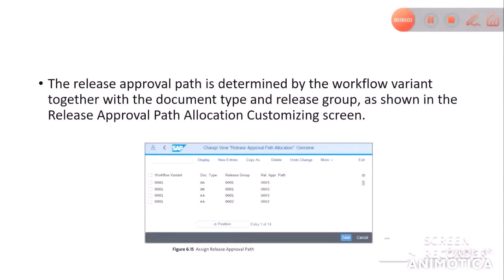So now we assign the release approval path. The release approval path is determined by the workflow variant together with the document type and release group. So we can see the combination in the below screen. We are assigning the release approval path based on workflow variant, document type and release group. If that is the first combination, then we will be assigning the release approval path.